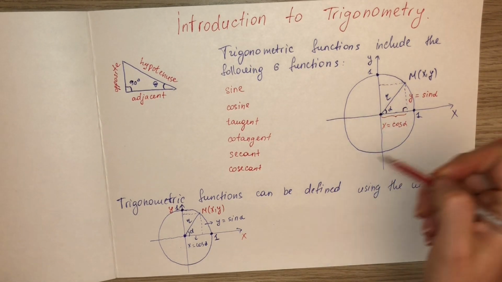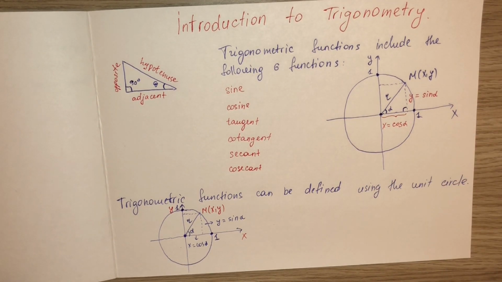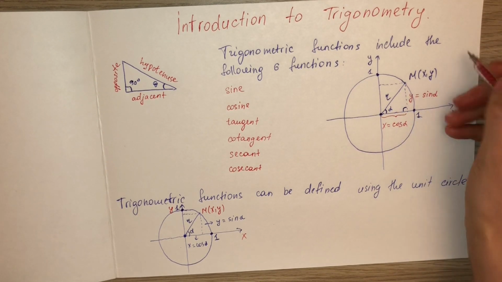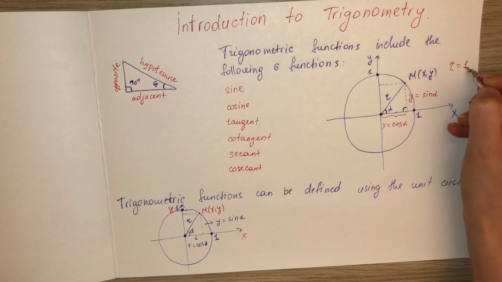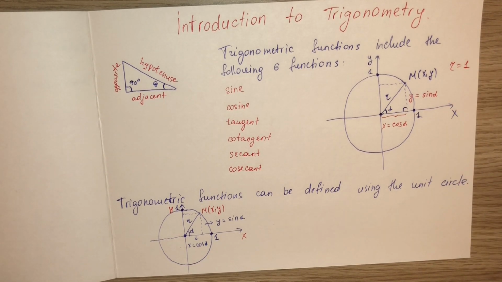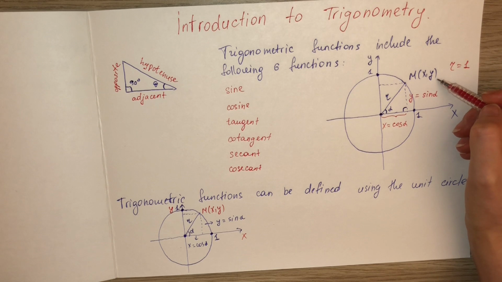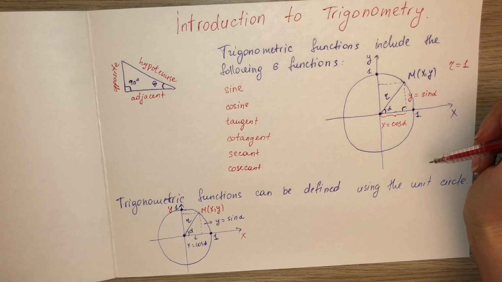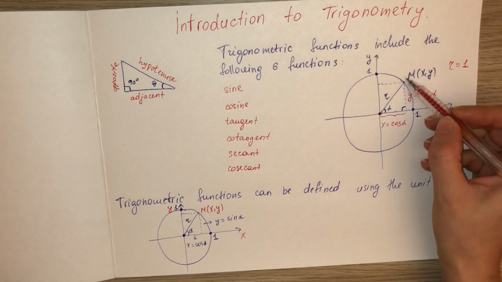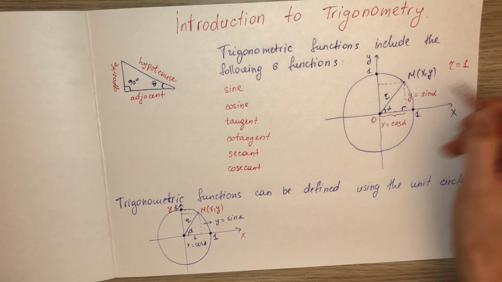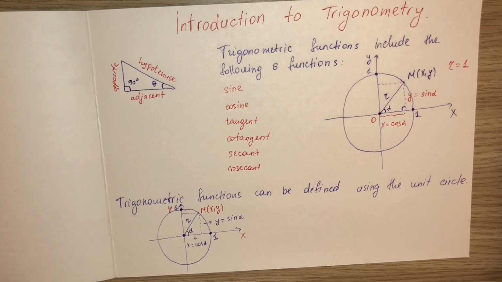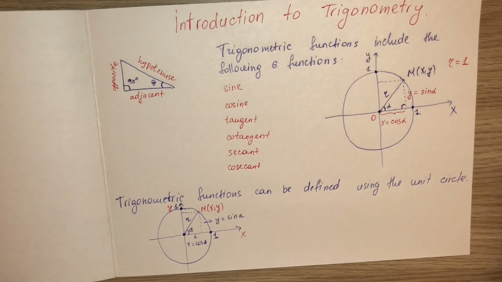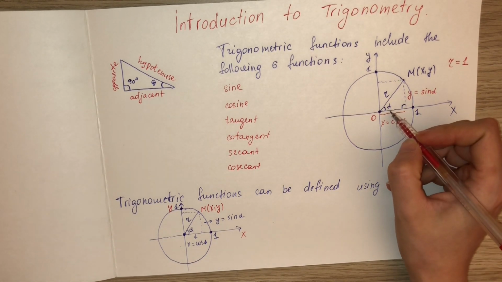This figure shows a circle of radius r equal to 1. Here r is equal to 1, and there is a point M(x, y) on the circle. The angle between the radius vector OM and the positive direction of the x-axis is equal to alpha.